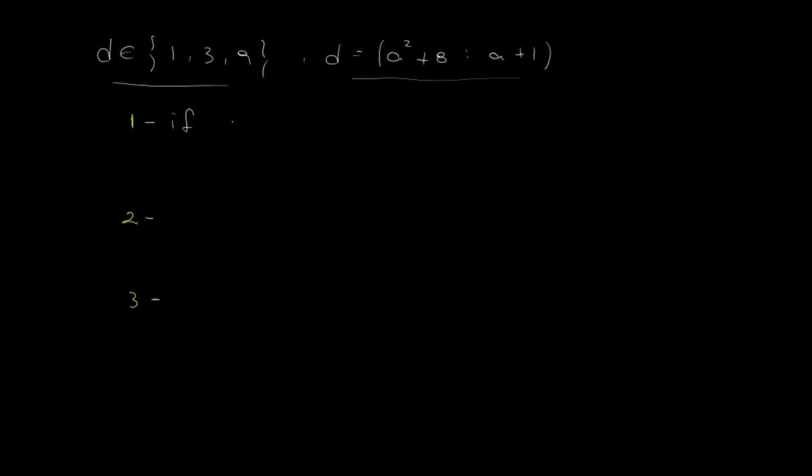So if we take a equals 0, d will be the greatest common divisor between 0 squared plus 8 and 0 plus 1. This is the greatest common divisor between 8 and 1, which is 1.